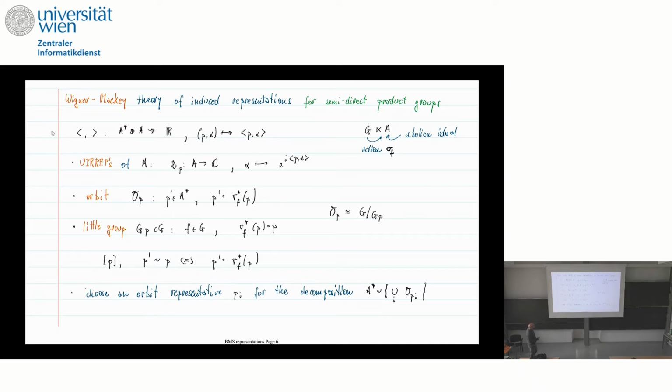The orbit is the set of all these p's related to a given p by an action of the group, and the little group is the subgroup of elements of the non-abelian part that leaves one of these vectors invariant. Leaves this one vector of the orbit invariant, and then you can show, in finite dimensional Lie groups at least, that this orbit is isomorphic to the quotient of the group by the little group.